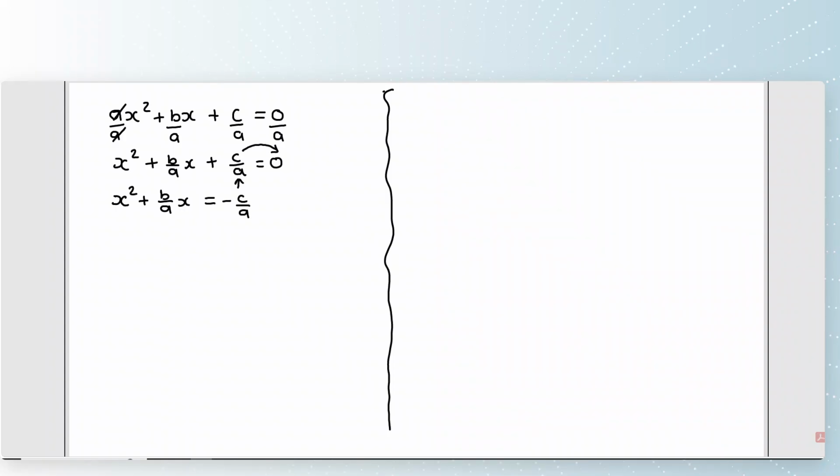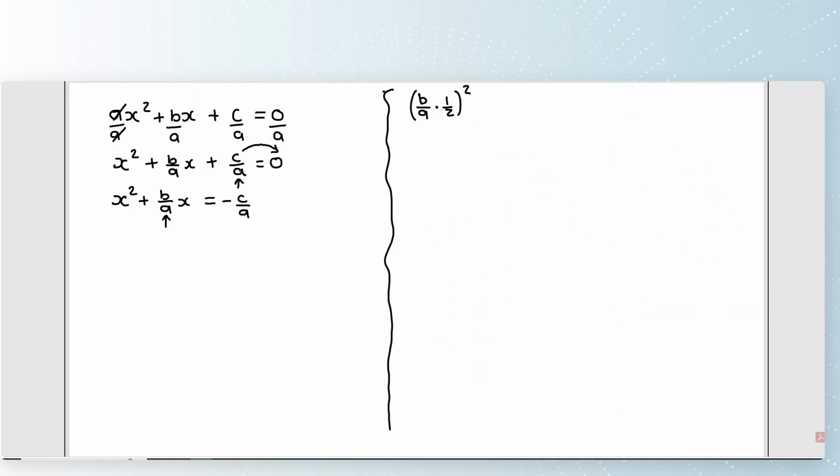Great. Remember, completing the square is taking the coefficient of x, multiplying by half, and squaring. So b over a multiplied by half and squared. Right?